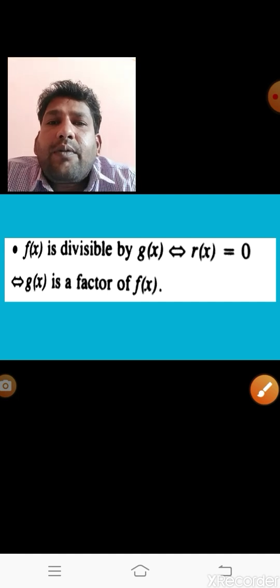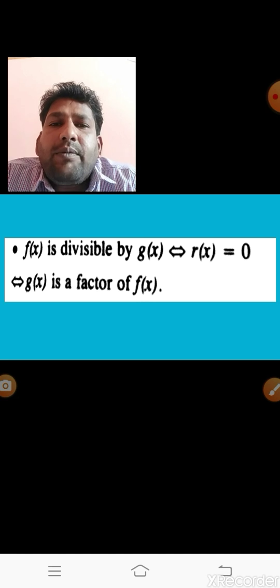And one more concept you have to learn. We sometimes say this polynomial is divisible by the given one. We get this question in class 9th also.